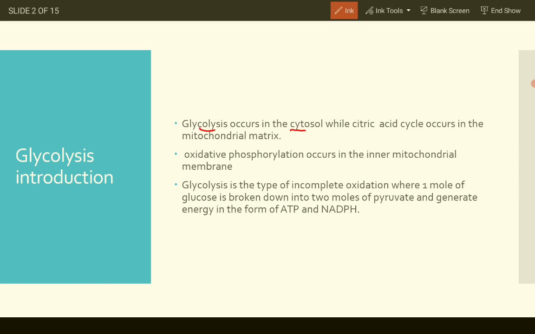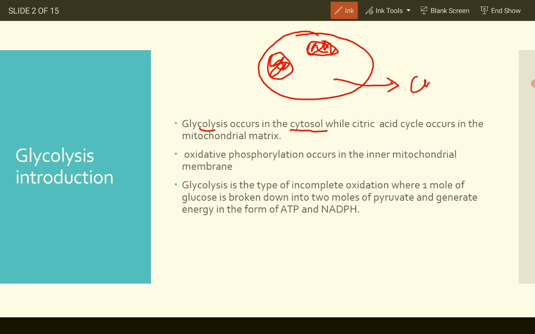Glycolysis occurs in the cytosol, right? If I draw a cell here, this is the nucleus which contains the DNA, and here is a mitochondria. Glycolysis occurs in the cytosol, while the citric acid cycle occurs in the mitochondrial matrix.